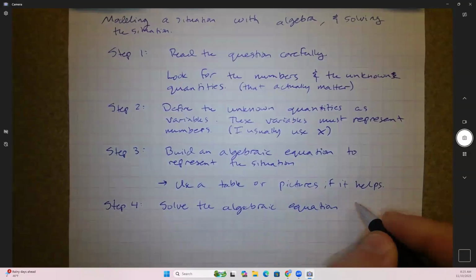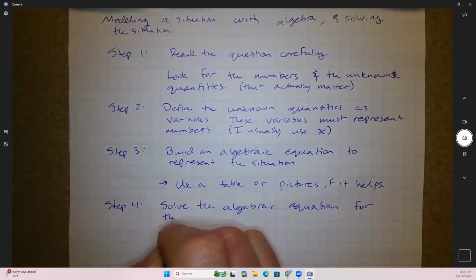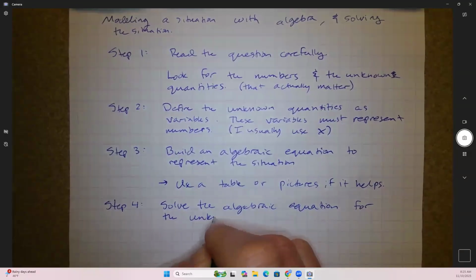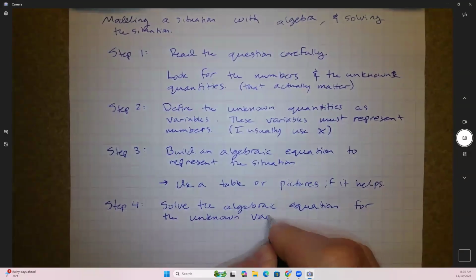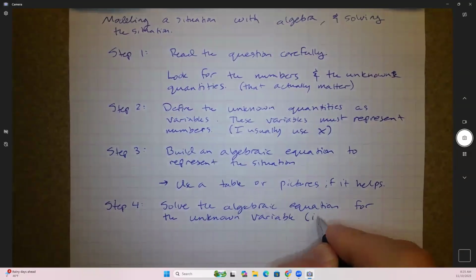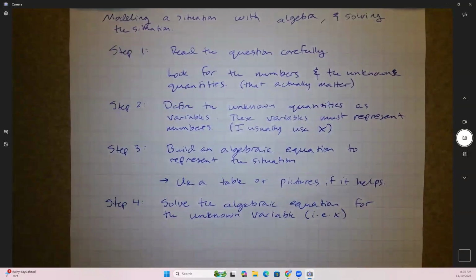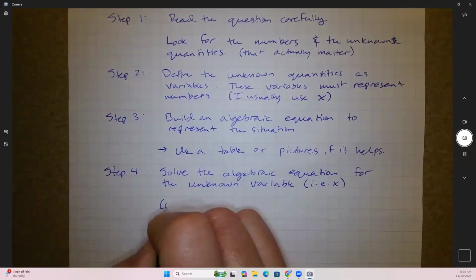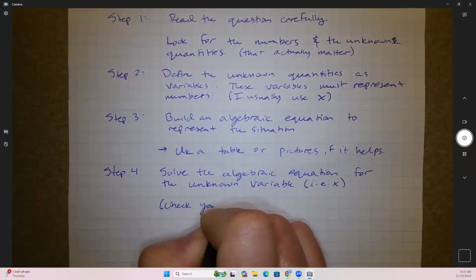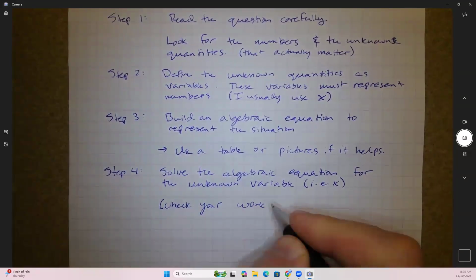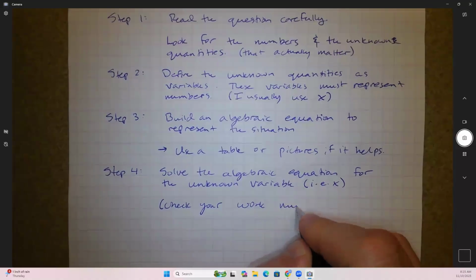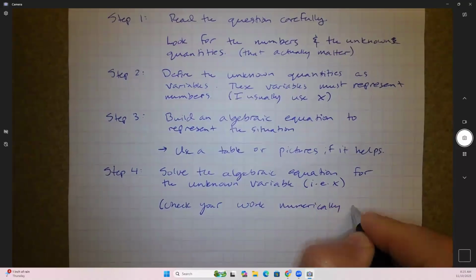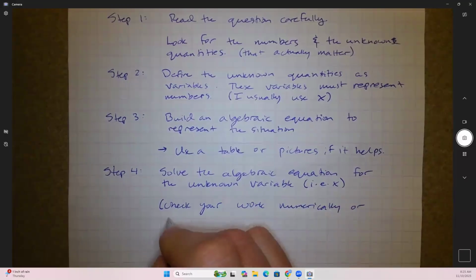Okay, solve the algebraic equation for the unknown variable, i.e. X. Always a good idea to check your work. And you can do this numerically or kind of just a gut check.